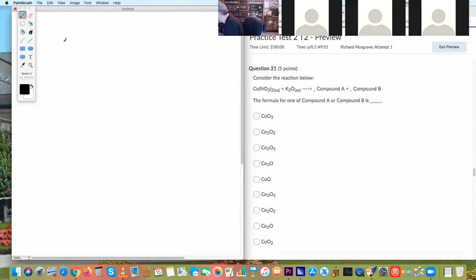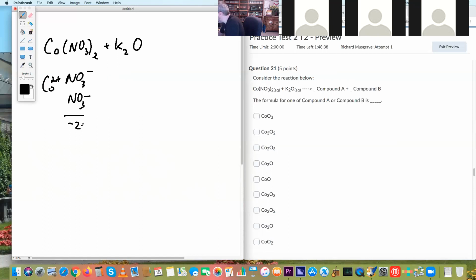Okay, so we've got Co(NO3)2 plus K2O. So we would draw out what these look like. It's going to be very similar to what we just did. So that'd be NO3 minus, and then Co 2 plus.